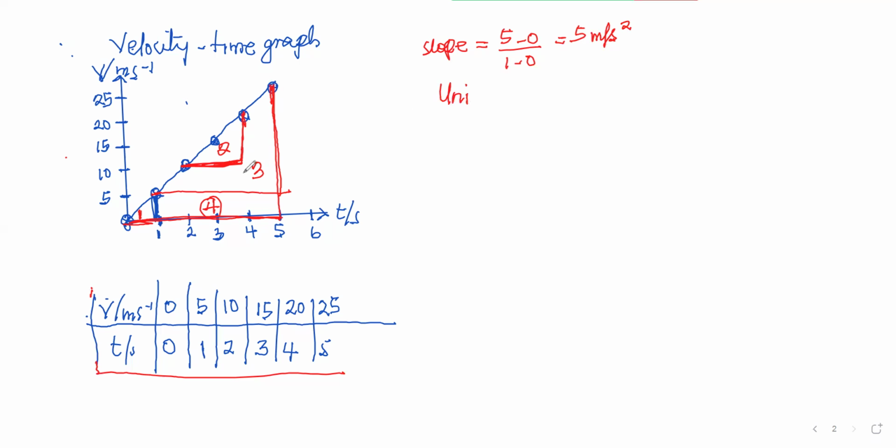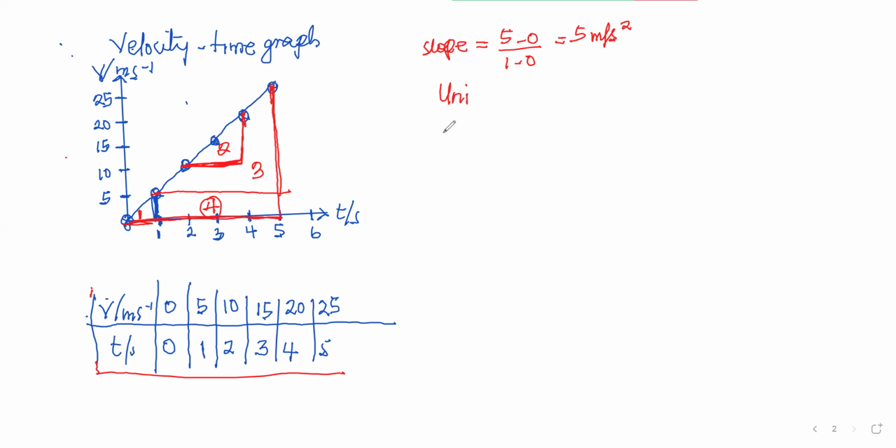Now, what does this slope actually mean? What does the slope of a velocity time graph mean? The gradient. Acceleration. Slope is also gradient, but what is the significance? Slope of the velocity time graph is equal to the acceleration. Thank you.